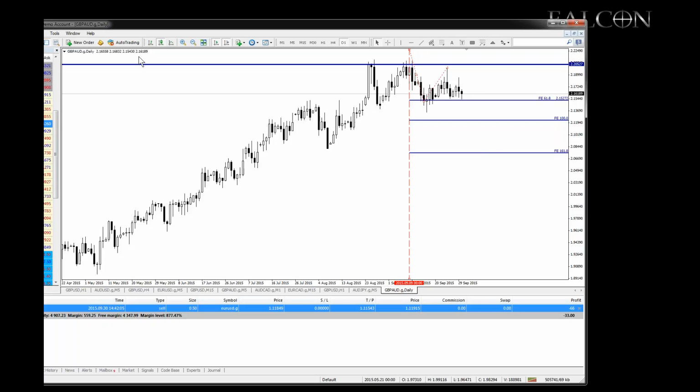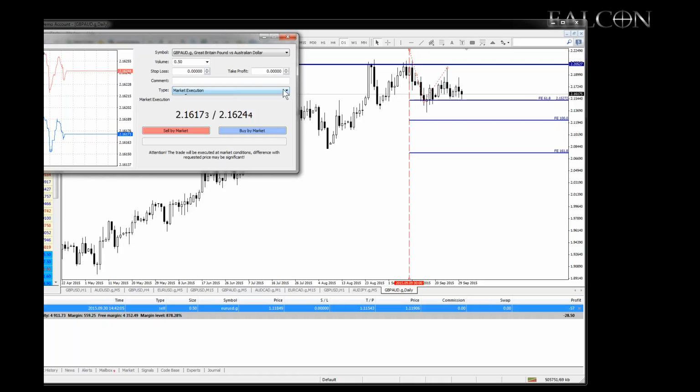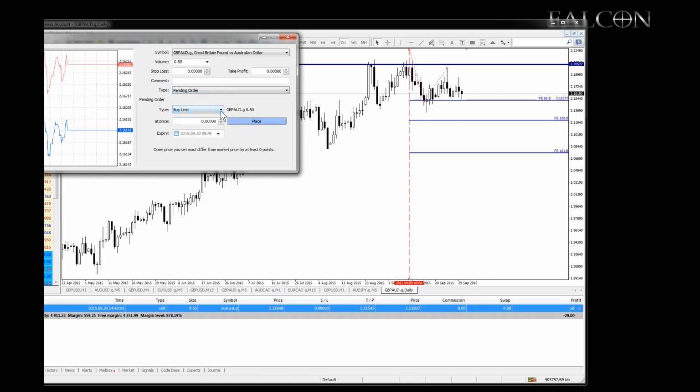All right. So now we're going to go here. New order. Pending. Sell stop at 152.70. Is it a comma or a dot? 152.70.